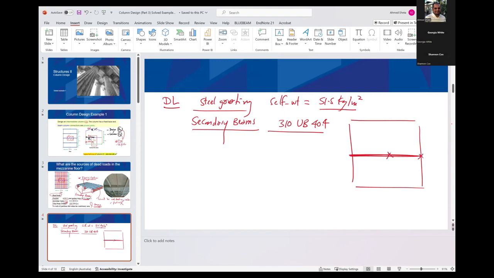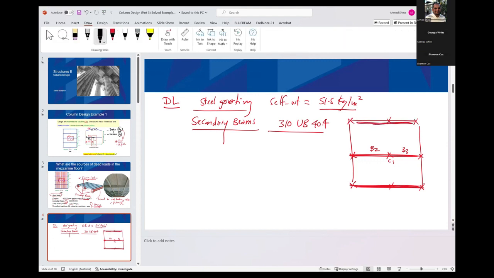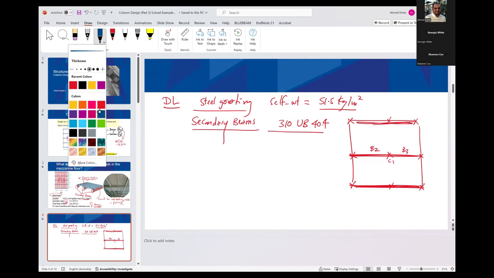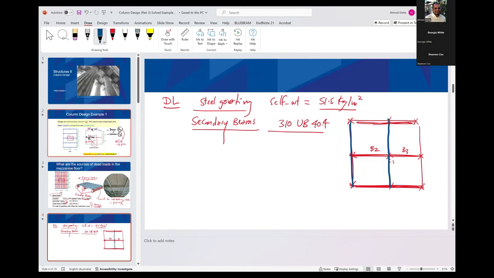So if we look at the plan in your project, if this is P2 and these are the columns, the secondary beams will be running in the other direction, the perpendicular direction, like that. So we'll have one secondary beam, one secondary beam.